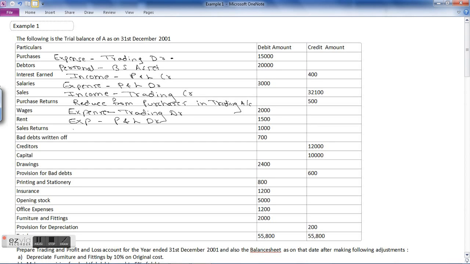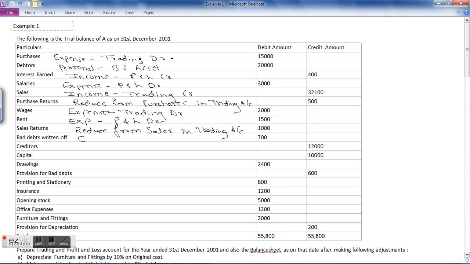Then you have sales return, showing a debit balance, so we have to reduce it from sales to show the net sales in trading account. Then bad debts written off. Bad debts written off is bad debts which are incurred. Again bad debts is an expense.